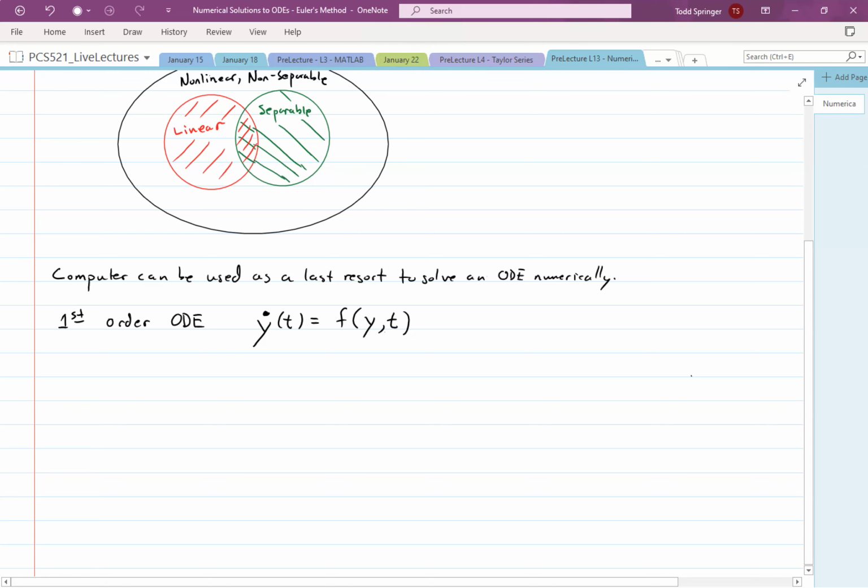So I have a first order ODE, it has a derivative, y dot, in it, and then I isolate for that y dot and put everything else on the other side. Just to remind you that if this has the form, let's say f of y times g of t, in other words, if the y and the t separate into a product of two functions, then it's separable.